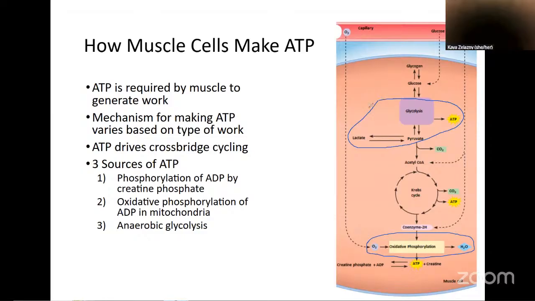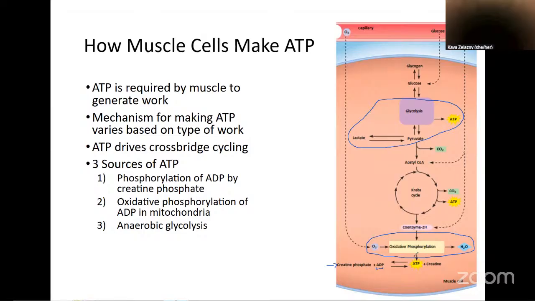Okay. One thing we haven't talked about yet, because this is going to be more specific to muscle fibers rather than just general ATP, is this creatine phosphate ADP system down here. What we can do is phosphorylate, so add a phosphate group to, ADP, our adenosine diphosphate, our precursor molecule for ATP, basically.